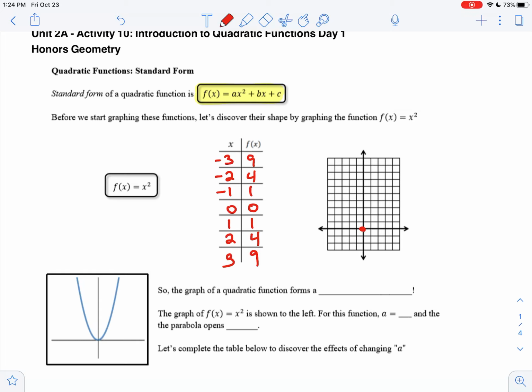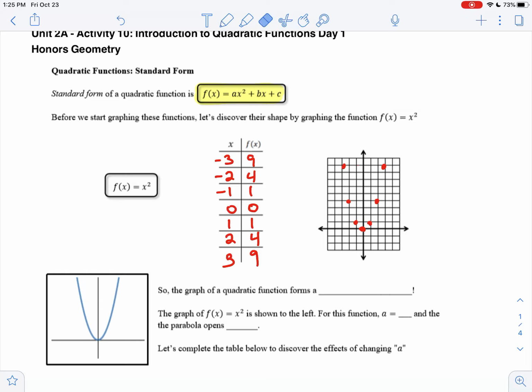So now we're going to get our first parabola graphed. We have a 0, 0 origin point, and then notice on either side we have a point at 1, 1 and at -1, 1. We have one at 2, 4, and then we have one on the other side at -2, 4.